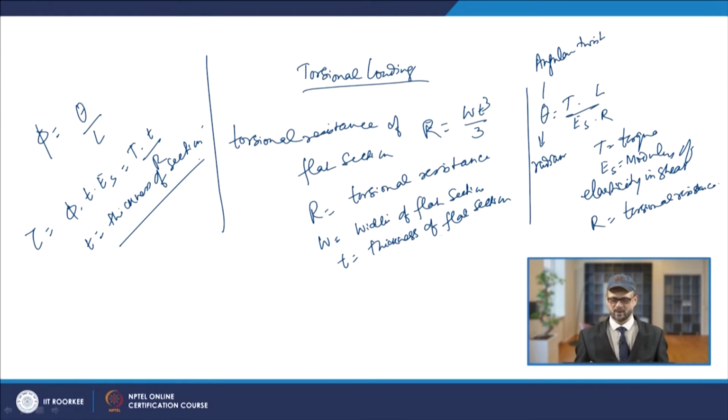So, if this is the R and this is T, in that case it becomes 2 pi r cube T. So, accordingly you can have these values of the torsional resistance R being computed.